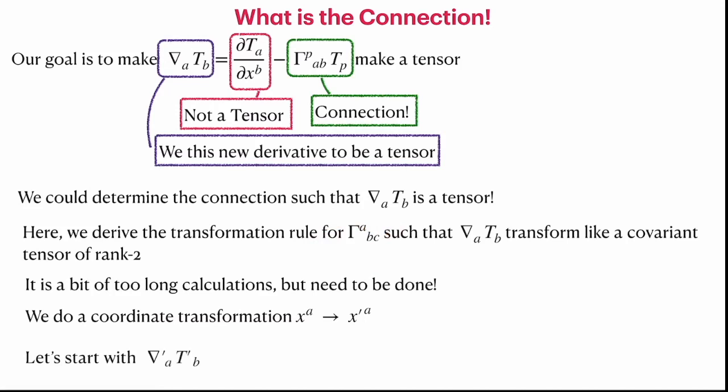So let's start with the covariant differentiation in the coordinate system x prime a. This is what we have: nabla prime acting on t prime.